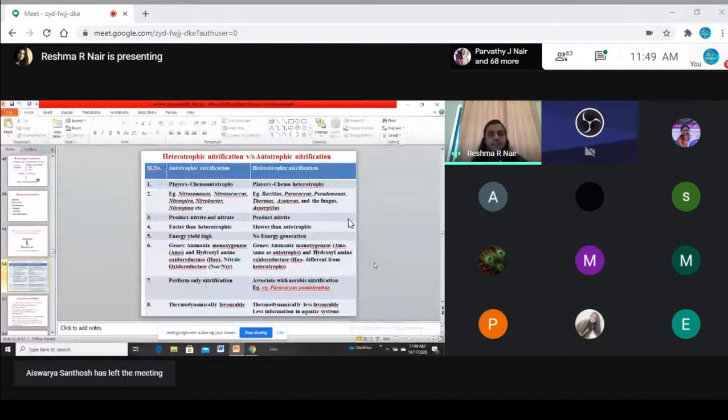Who will perform it? Denitrifiers, both autotrophic and heterotrophic. The difference is that in ammonia oxidation, that is nitrification, ammonia acts as the electron donor. But in denitrification, nitrate is not the electron donor but the electron acceptor. That means we have to provide an additional electron donor to the system for the organisms to perform denitrification, so an extra carbon source has to be provided.